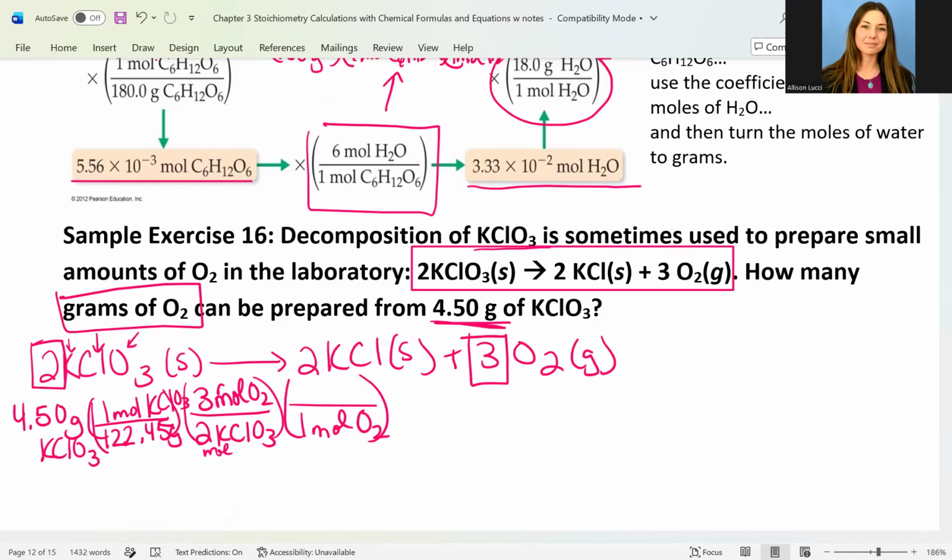So I know that for every 1 mole, there's 2 oxygens, so that's 32 grams. So I put that in the numerator. And if I plug in all these values, I would multiply 4.5 by 3 by 32, divide by 122.45, and then again by 2. I would find that I could make about 1.76 grams of O2 using this reaction and that quantity of potassium chlorate.